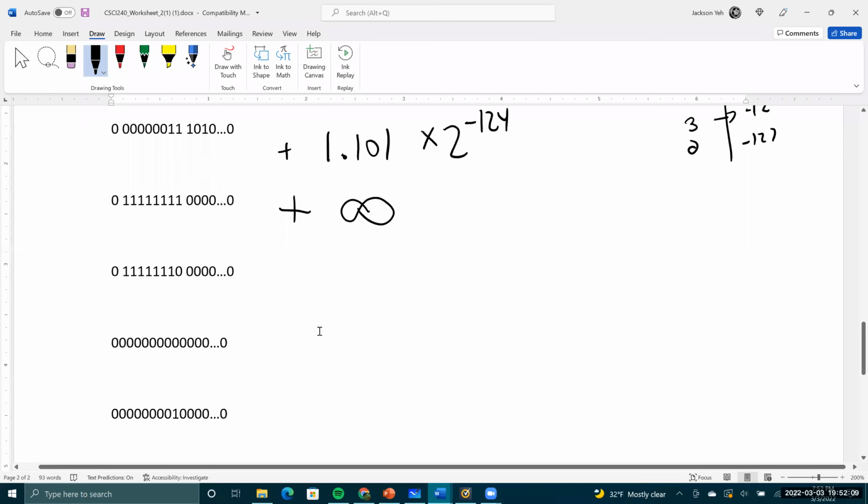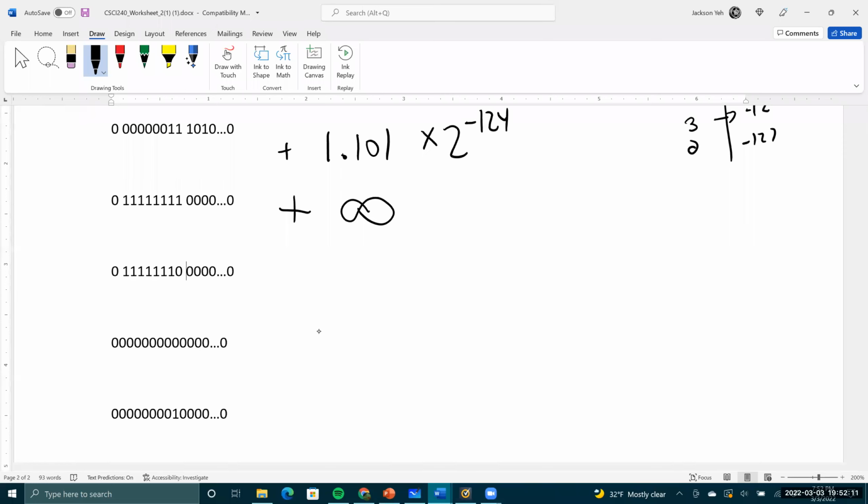Okay, so this is another case where it's not all zeros or all ones. So this is yet another regular float. So I'm going to do the excess 127 to decimal conversion. So 0 goes to negative 127. This is all ones and a 0, so this is 254.